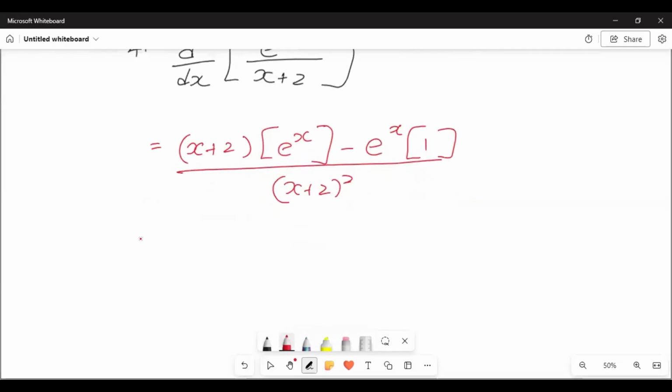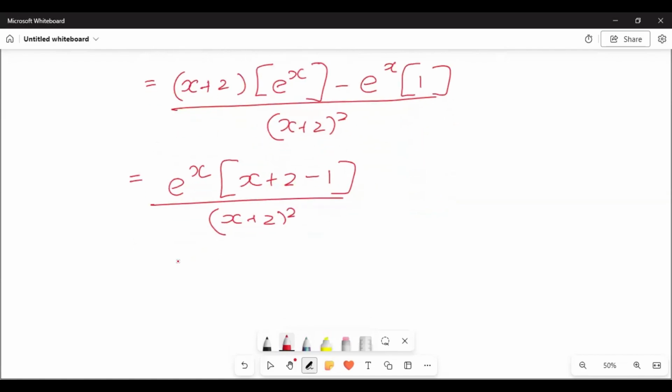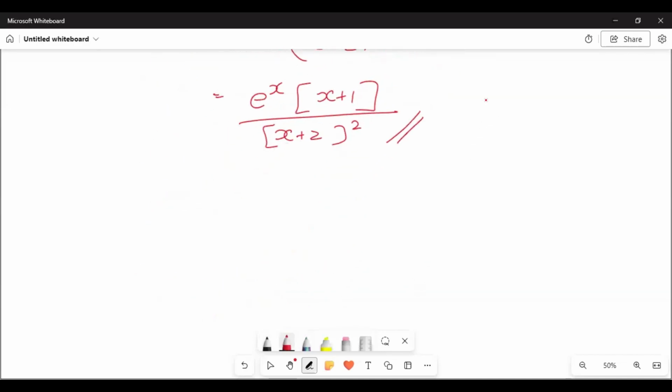Then maybe you can isolate e to the power of x like this: e to the power of x, x plus 2 minus 1, over x plus 2 to the power of 2. Then it's going to be e to the power of x times 2 minus 1 is 1, so x plus 1 divided by x plus 2 to the power of 2. So this is the answer for that one too.